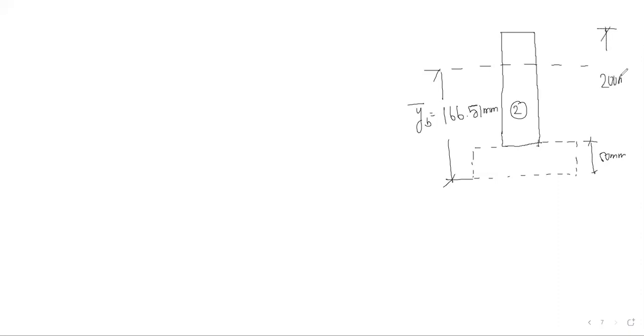So this is 2. Here I have another plate. From the base, the neutral axis height is 166.51 mm. Here we have 150 mm, and the total height is 200 mm. So the centroid of this section lies somewhere here, which is this 50 plus this 100.